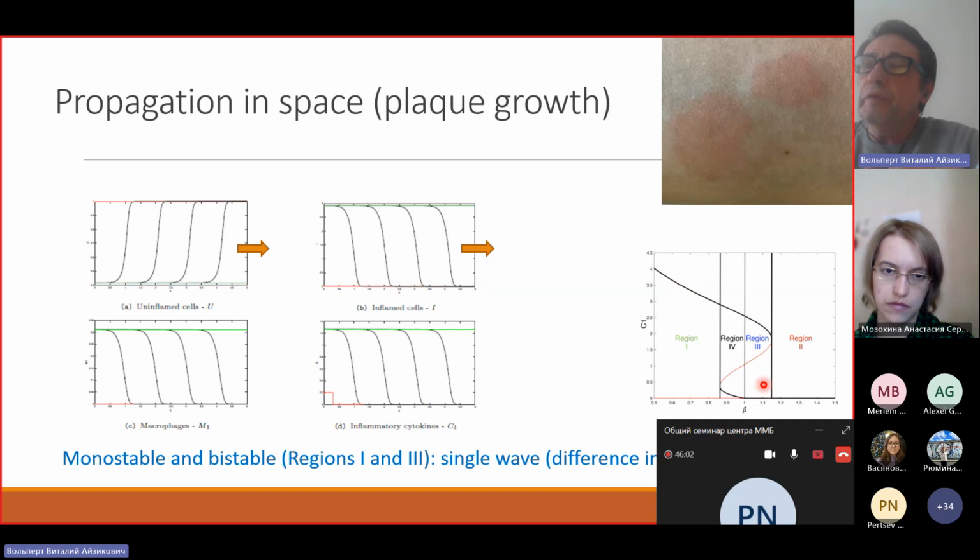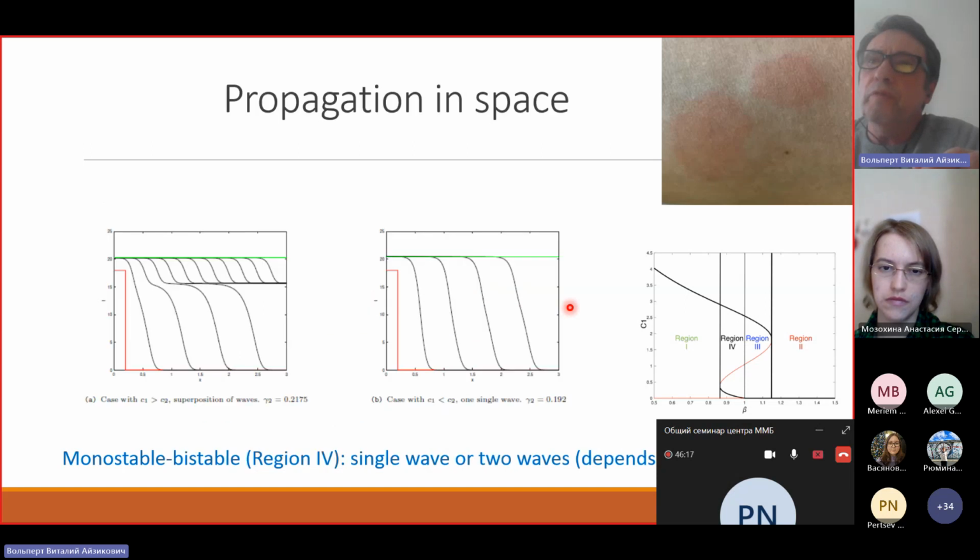In region 3, for example, two stable points, the bistable case. So there are some differences in all these wave propagations. Well, nothing very unusual here. We discuss it for many different problems. I will not stop on that today in detail. I will only mention here that it is a little bit more special in region 4, where we have 4 points: unstable, stable, unstable, stable.